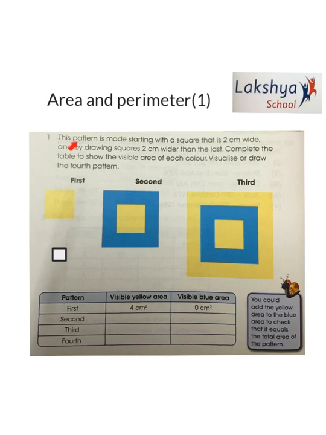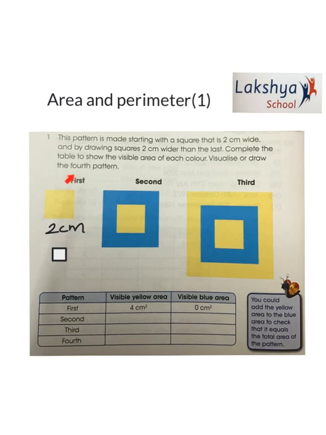Question 1. This pattern is made starting with a square that is 2 centimeter wide. So we know that this square is 2 centimeter wide. And by drawing squares 2 centimeter wider than the last, complete the table to show the visible area of each color.